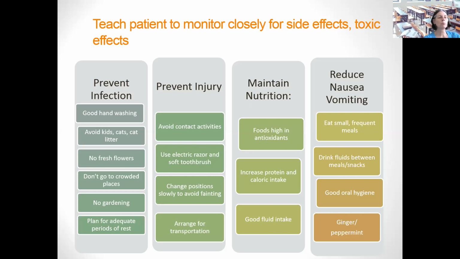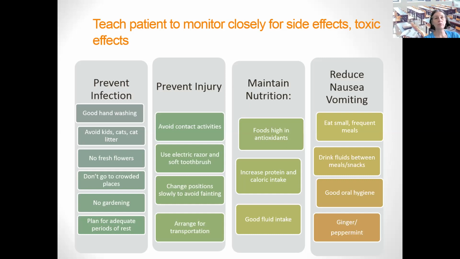We want this person to prevent injury because of the thrombocytopenia. They're going to be bleeding easily because they don't have enough platelets. So avoid contact sports or heavy sports or activities that cause a lot of body blows. If they're going to shave, they need to use an electric razor, not a straight edge razor. Even a safety razor can be more dangerous than an electric razor.